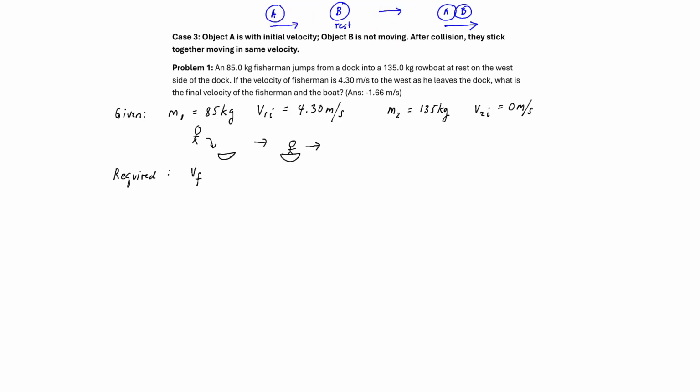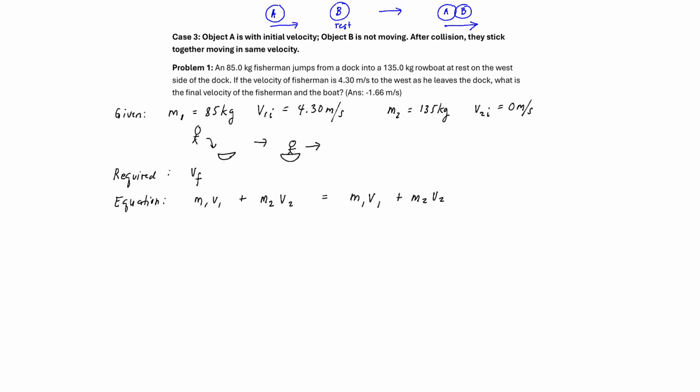And so we could now have our equation, which is mass 1 v1 plus mass 2 v2 is equal to mass 1 v1 plus mass 2 v2. So this one is the momentum equation.